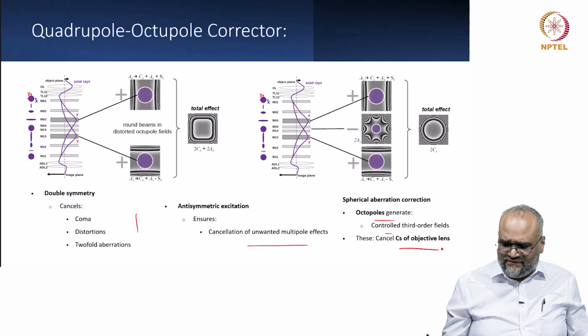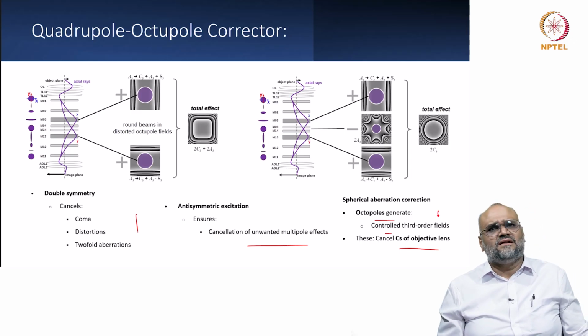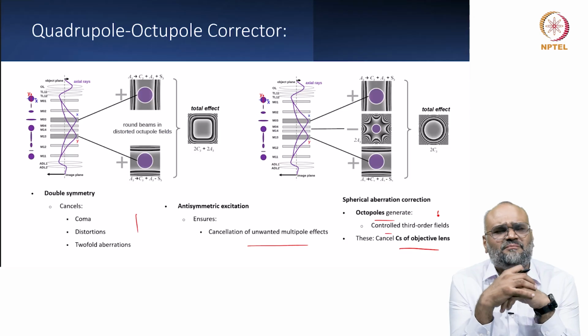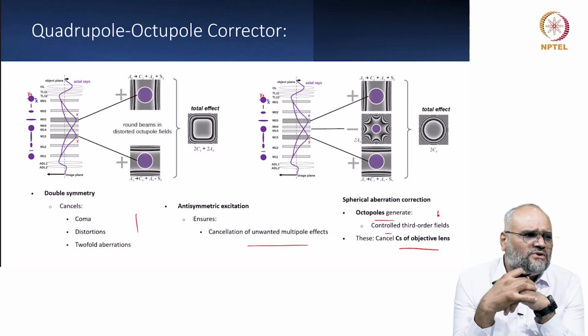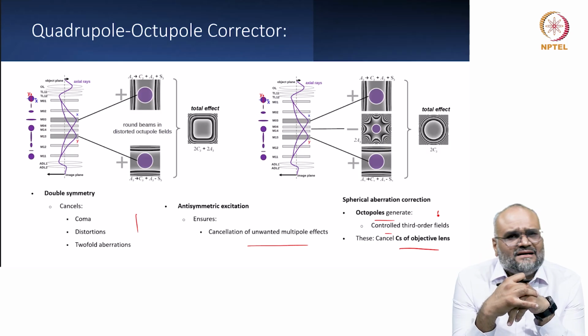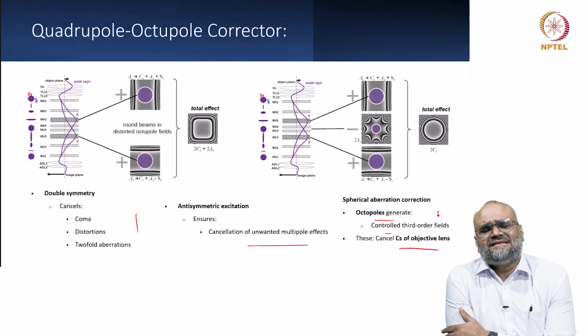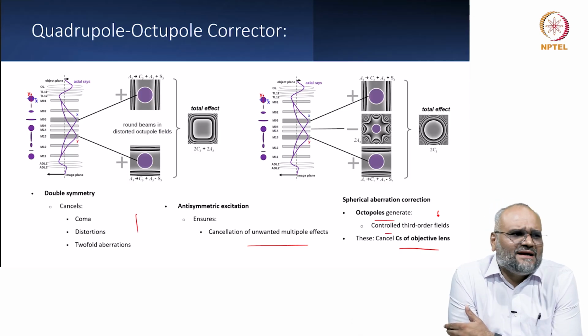The advantage of this quadrupole octopole kind of a construction is you can also have crossed electric plus magnetic quadrupoles, and the electric component here acts as a first order Wien filter, and this also acts as a chromatic aberration corrector.